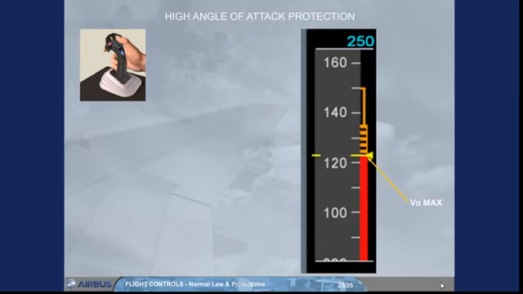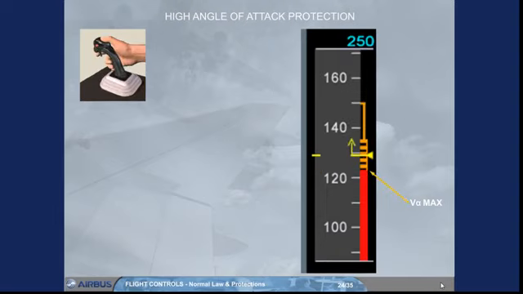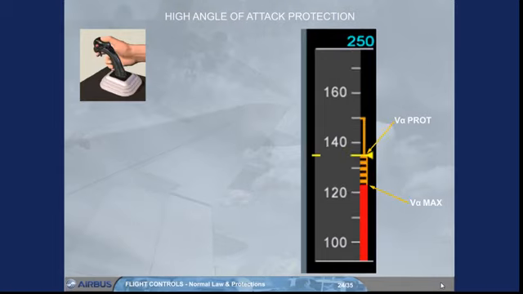Note, V-alpha prot and V-alpha max vary according to the weight and the configuration. If the pilot releases the side stick at V-alpha max, the flight control computers will return the speed to V-alpha prot and will maintain it.